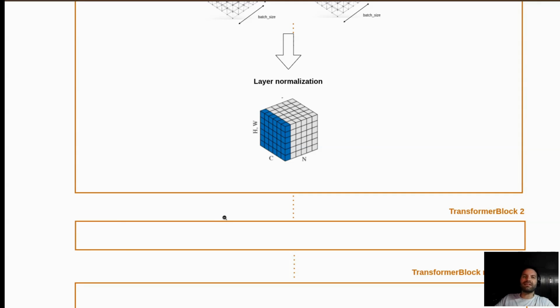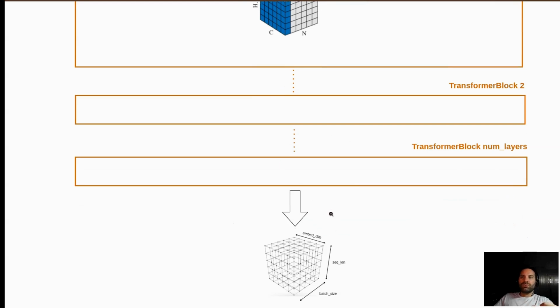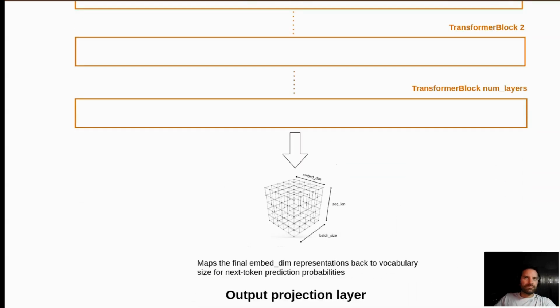Multiple identical transformer blocks are stacked sequentially, as you can see here. Each block refines the embedding representation further. Initial blocks capture maybe simpler linguistic patterns, while deeper blocks progressively understand more complex context, grammar, themes, and styles maybe. And after this, we are going to output the projection.